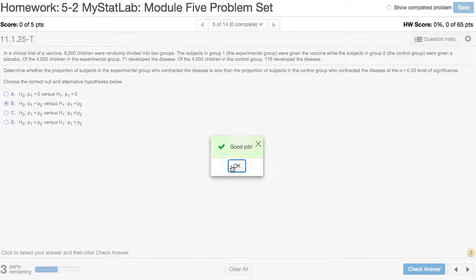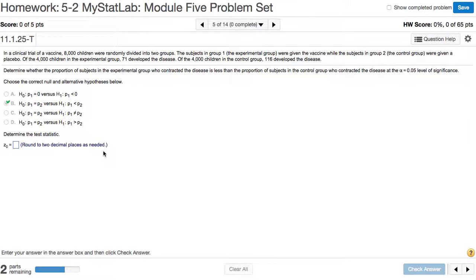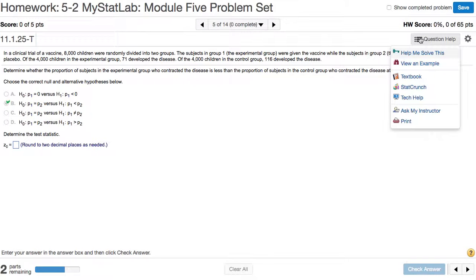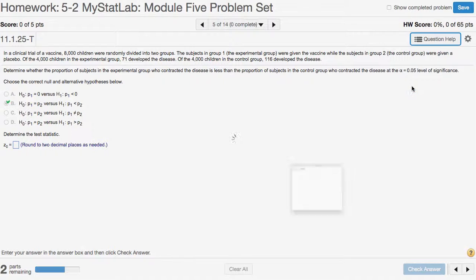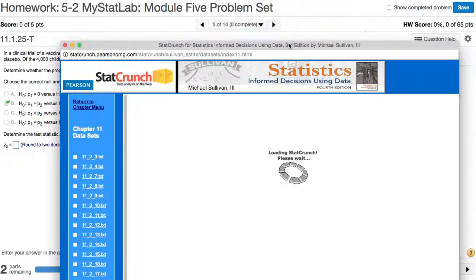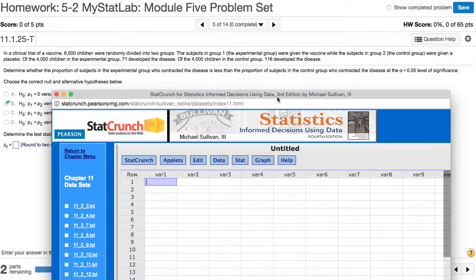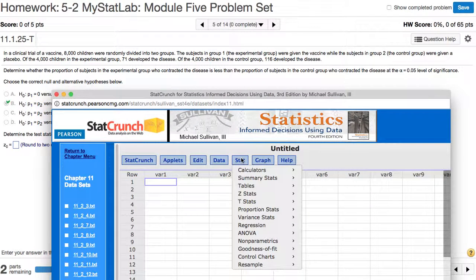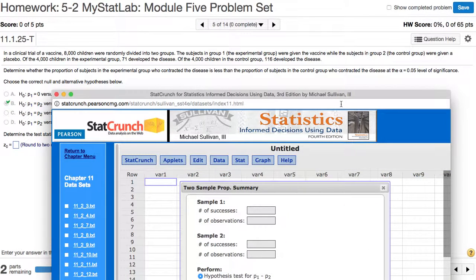All right. Okay, now it's asking us to determine the test statistic. So we can go into StatCrunch, and let's take a look at this. So we're going to go into stat, and then proportion stats, and this is a 2-sample test with the summary data.